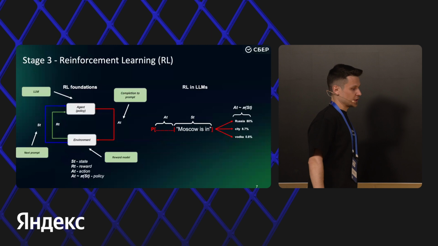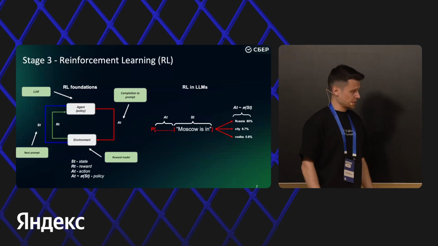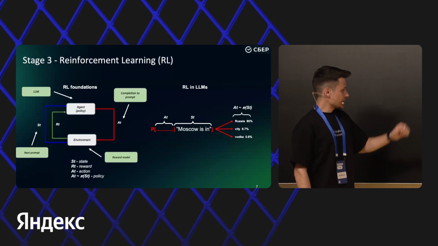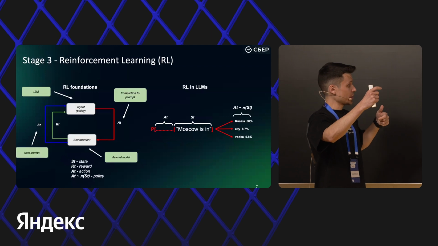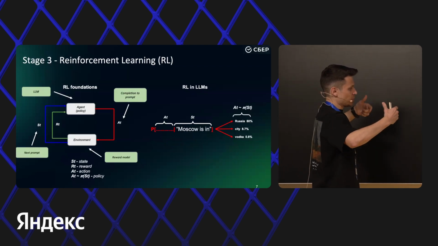The environment will be the reward model. In the next few slides I will talk more about reward models, but for now it is just the reward model. And the state will be the next prompt. Exactly when we predict the next word or token, we return back to the prompt, and it is like the next prompt that we receive.